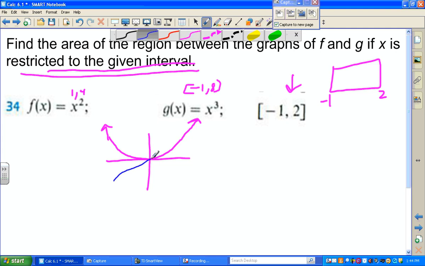On the left side, it's going to be like that? And then it's going to stop at 8? Should be? You sure? I thought we said that the... Right, the x squared's in pink, right?